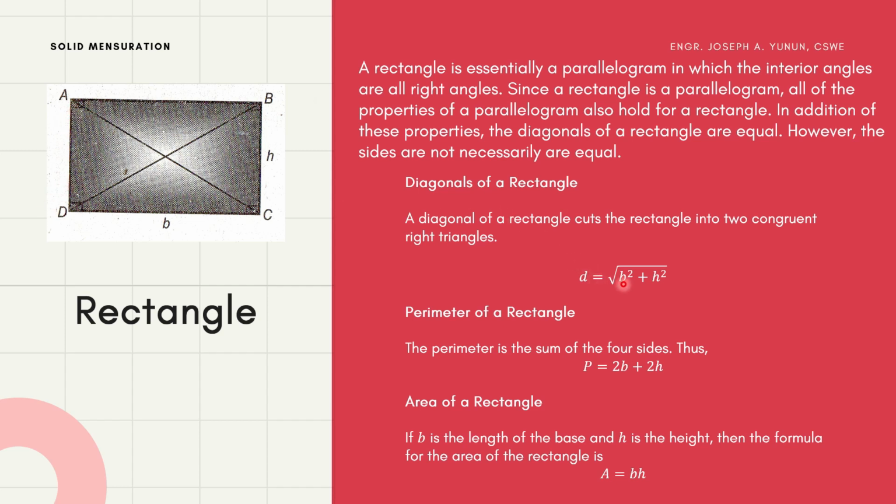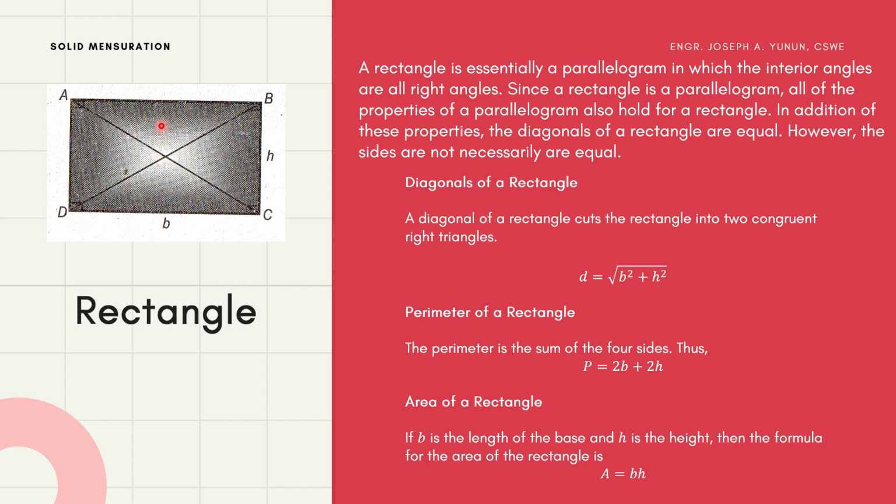So you have this formula: the square root of the square of the base plus the square of the height. This is derived from the Pythagorean theorem, referring to a right triangle. Now the perimeter of a rectangle, with a similar formula to the parallelogram, gives us twice the base, because this side is equal to this side.